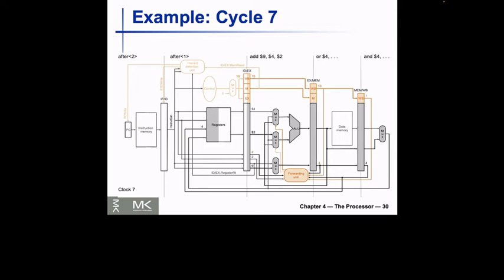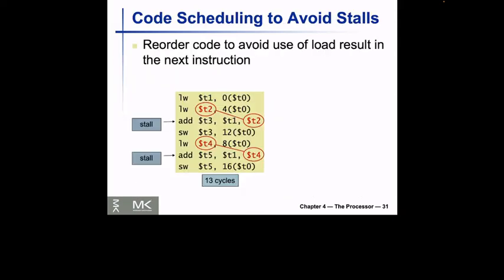All right, so that's all about the data hazard. And the data hazard can also be avoided via code scheduling. So this is something that can be done within the compiler. We talked about how to avoid data hazards in the CPU, but data hazards can also be avoided from the compiler.